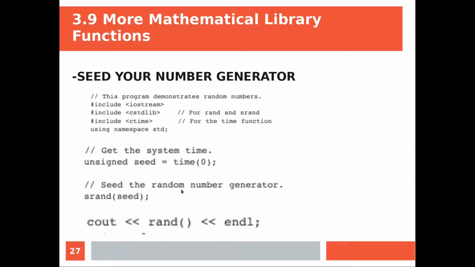It's not really random. Seeding your random number generator with time is a very basic solution. It gets the system time, and it will change things up a little so that your random numbers are different.